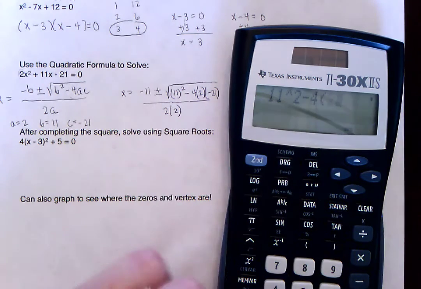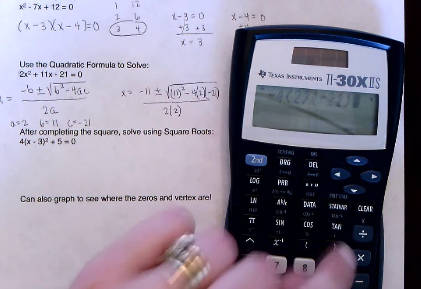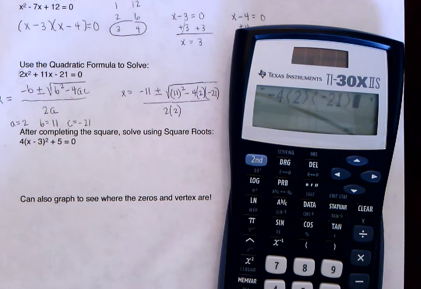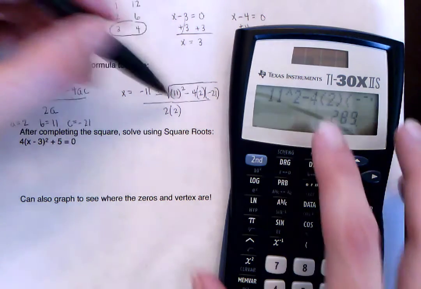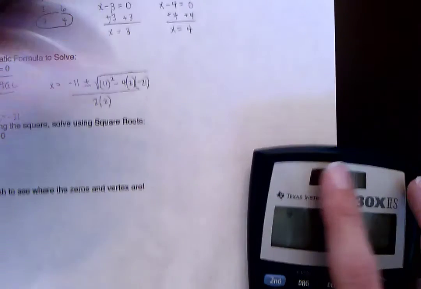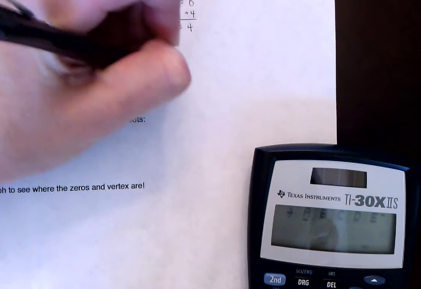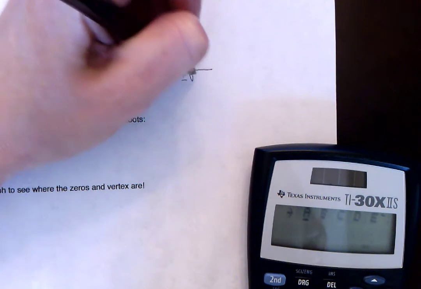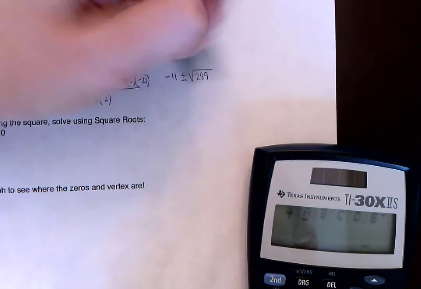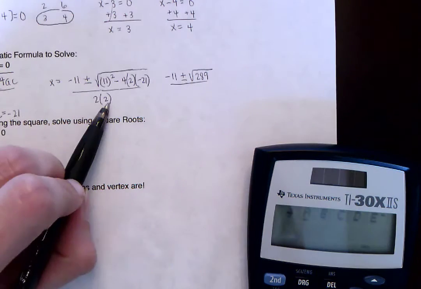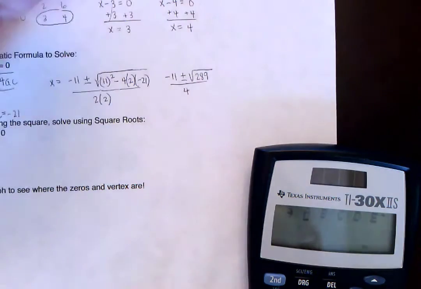But yeah, so it's 4 times 2 times negative 21. Okay? So that's 289. So that whole thing underneath the square root then is 289. So this is negative 11 plus or minus the square root of 289 over, and then 2 times 2 is 4. So I can write that in there.